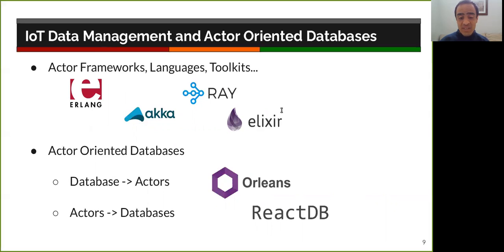This approach was the one introduced by PhDWorkshop, a database system developed at the University of Copenhagen. What is interesting is that because of actors' adequacy for distributed systems, scalability, and data encapsulation, they provide interesting primitives for handling an Internet of Things scenario and addressing these characteristics that I mentioned before.